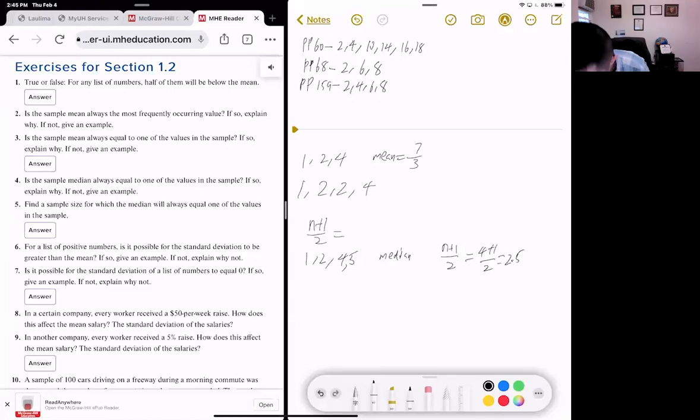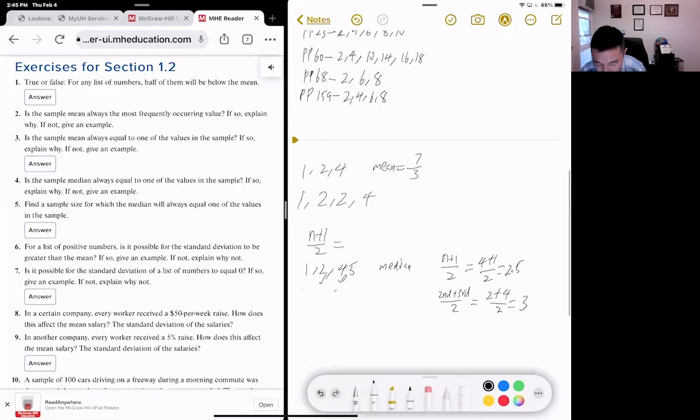So 2.5 means the median will be the average of the second item plus the third item, divided by 2. The second item is 2, the third item is 4. So the median will be 3. So 3 is none of these sample items. That's question number 4.